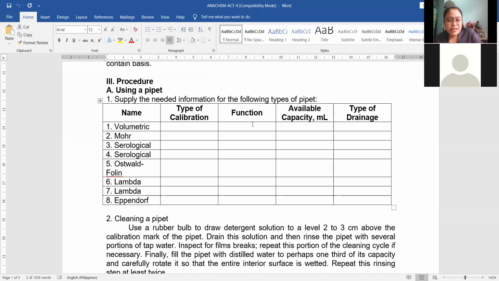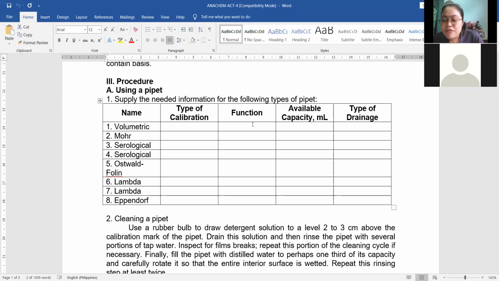Types of pipette ito, you have volumetric, you have Mohr, and as you can observe, number 3 and number 4 are both serological pipette because we have two types of calibration sa serological. Ang types of calibration, class, pwede siyang to contain or to deliver. So si serological, pwede siyang to contain, pwede din siyang to deliver, kaya dalawa yung nakasulat dyan.